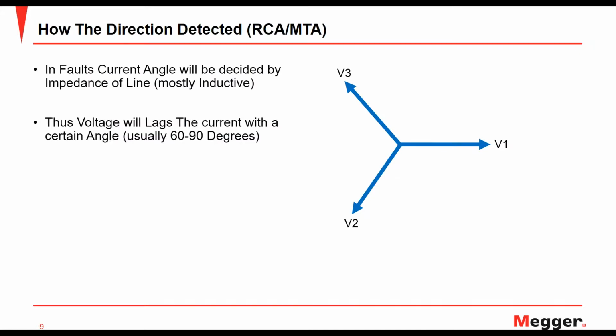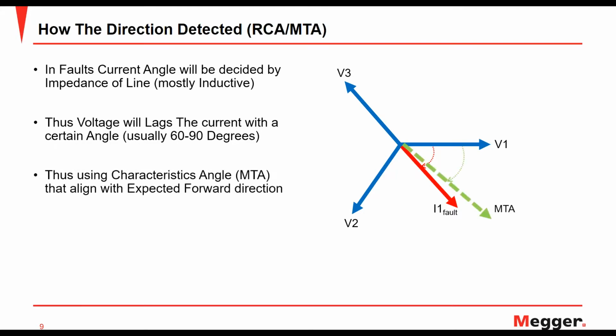And as previously, we know that the fault current is lagging, or the voltage is lagging the fault current by 60 to 90 degrees usually. So we can really predict where this fault current will happen and draw a characteristic angle near it. But as you know, this fault current or location could happen anywhere on the line.